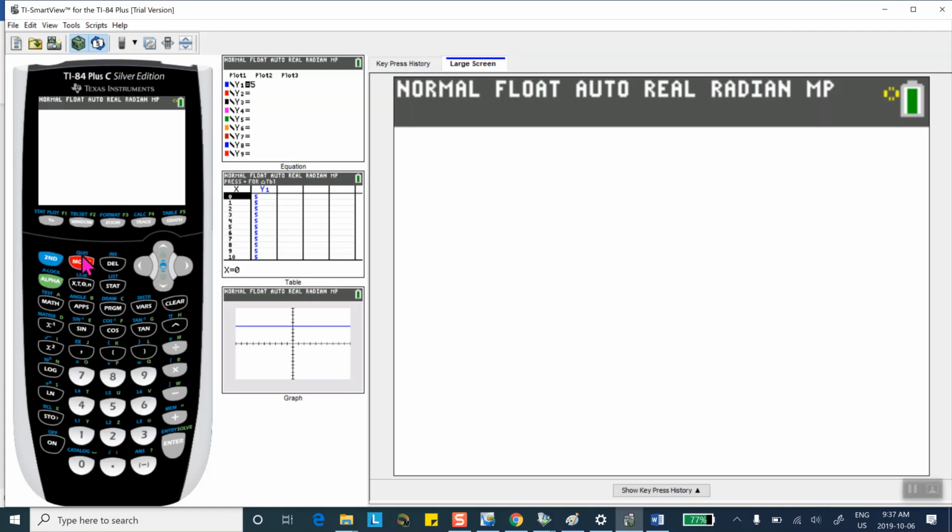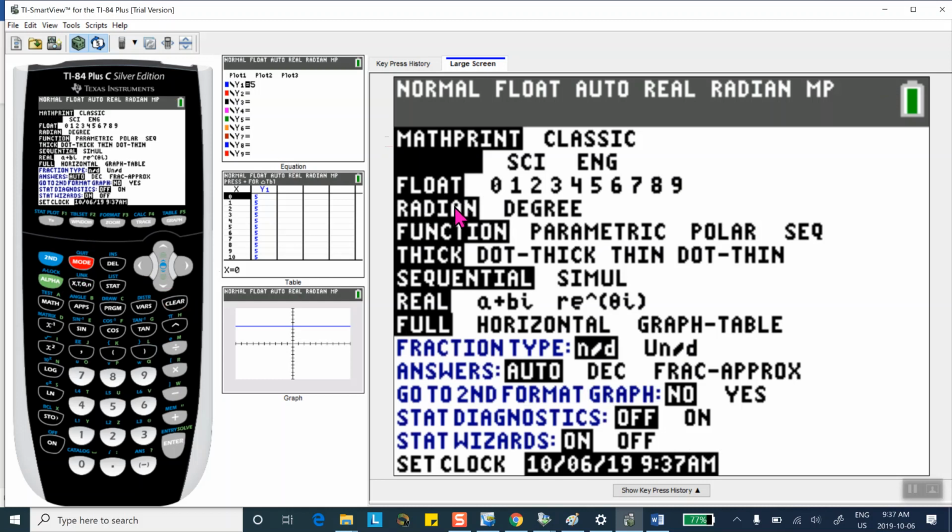Right now my units for angles are in radians. I'm lazy, so I'm going to turn this into degrees. Okay, that takes care of this.